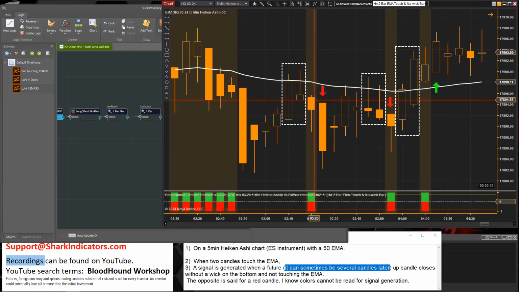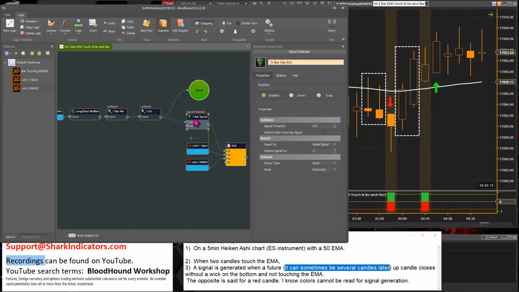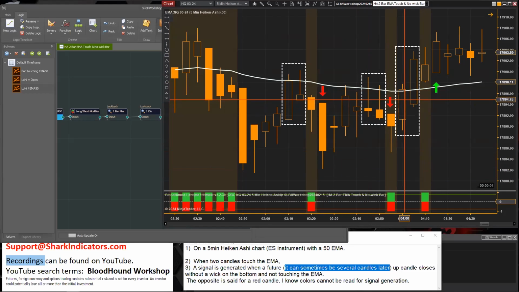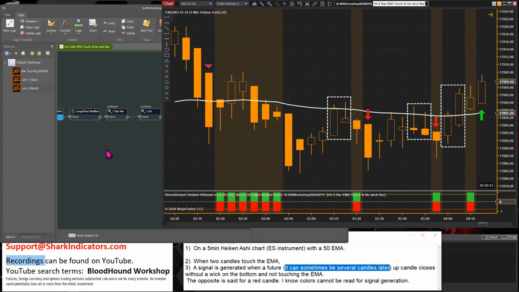So it's right. It's after the bars touching that is when we want to see the signal that goes into the signal extender. So whenever there's only 2 bars, it's working, but when we get a bunch of bars, it's still not working.